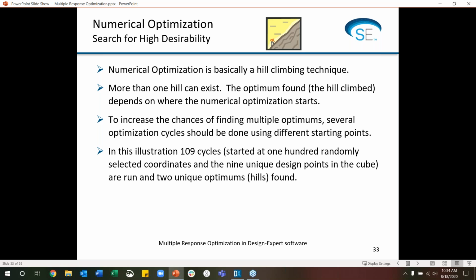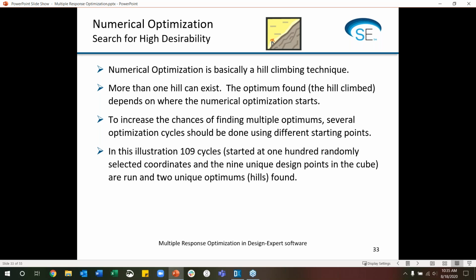We can have more than one hill. In the design space, there can be plateaus and mountains, as you have many responses that all have different response surfaces. We are trying to combine all those response surfaces into one multi-dimensional design space, so it's a very complicated space to search.